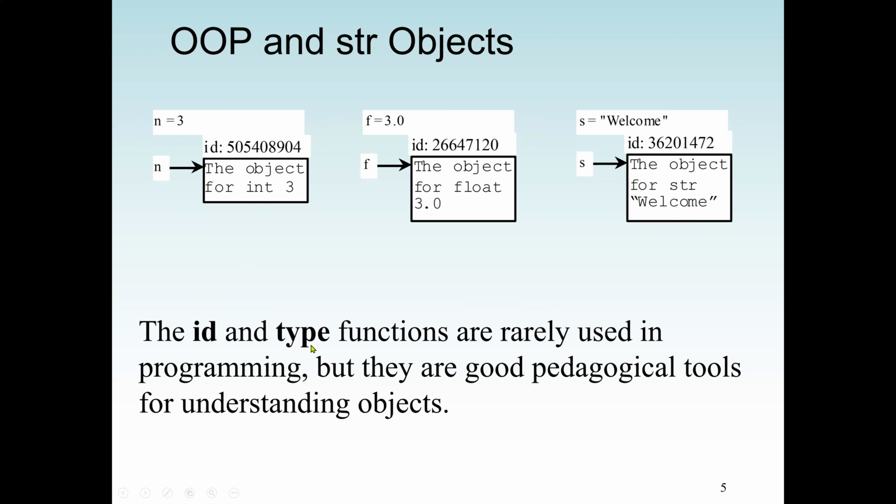The type function, we may use it, but again with Python, any value we store to a variable, or in this case, an object, that tells us the object type. So if I store float, then that variable becomes a float type. If I store int or integer, it becomes int.